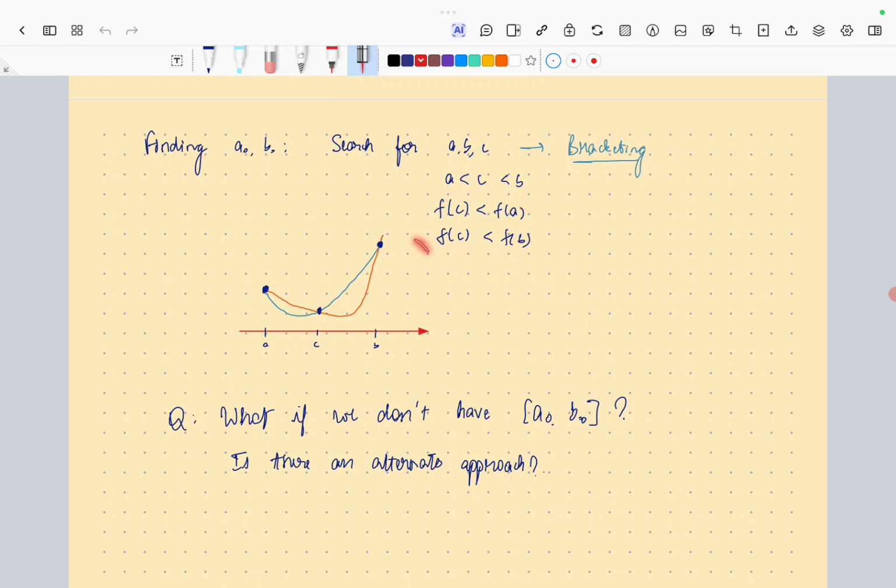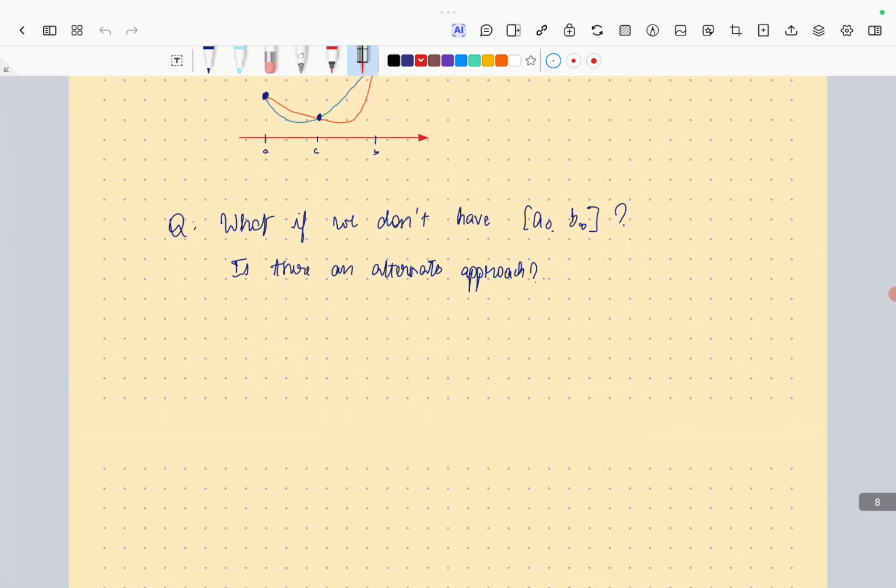But even this requires some approach, right? You need to have some way of finding such an a comma b. What if we don't have this? Is there an alternate approach which essentially doesn't work on reducing a search space, because that means that you already have some finite interval to begin with?